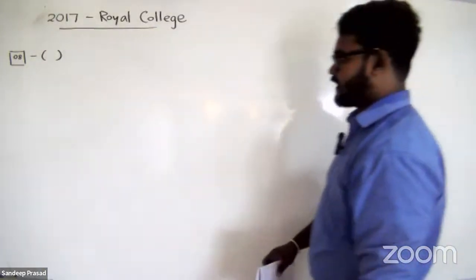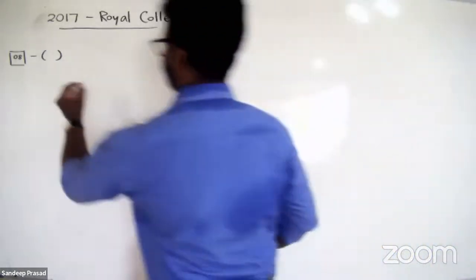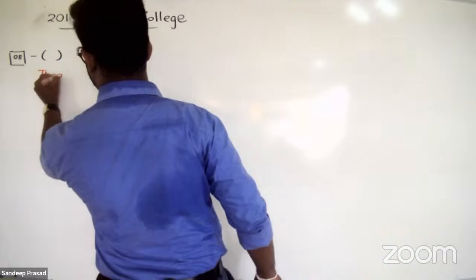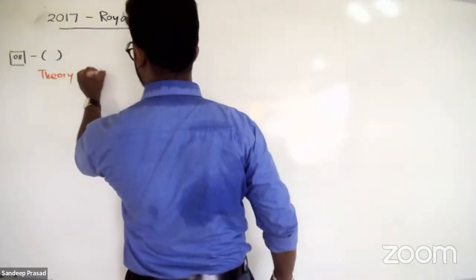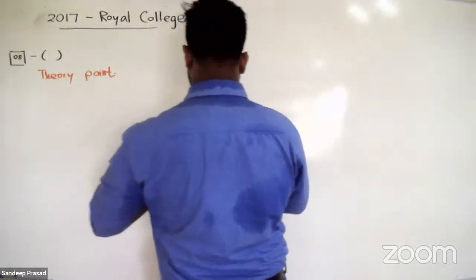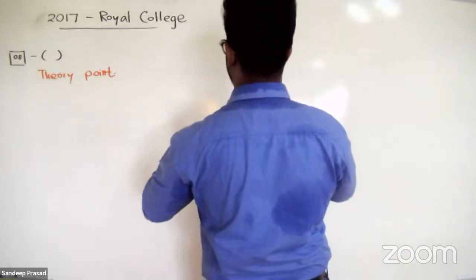Shall we draw the hydrogen emission spectrum as a theory point? Quickly draw with me.